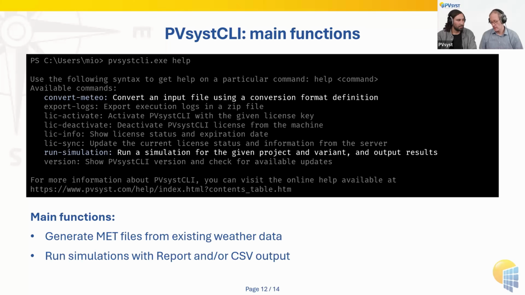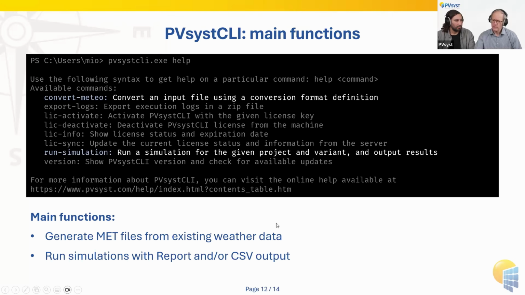And these scripts need to be Windows scripts because PVsystCLI, like PVsyst, has to run on a Windows platform. So this is necessary. But on your Windows platform, you can either use the Windows batch files, you can use Python scripts, you can use R scripts or any other scripting environment that is able to call Windows command lines.